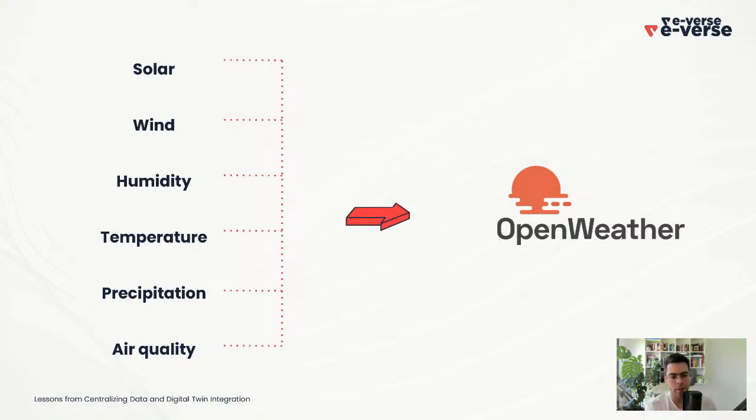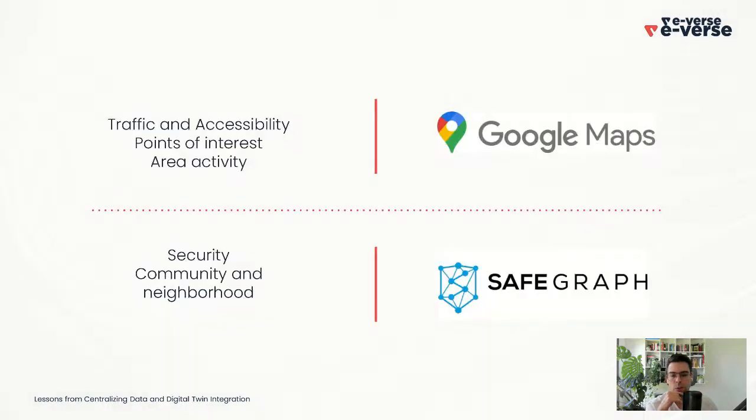Not only because we could act if, I don't know, there is a hurricane like now in Florida, but also in cases where you want to analyze how the maintenance needs to happen based on the type of weather that you're getting. So OpenWeather, we use the free part of it, and then for traffic and security we use Google Maps and SafeGraph.